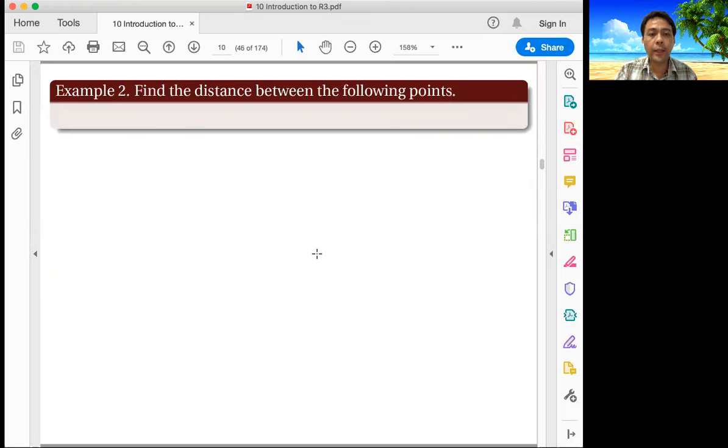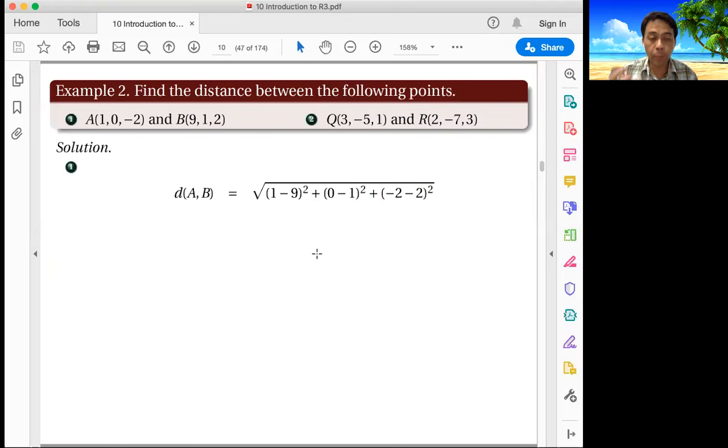So for example, find the distance between the pair of points. For the first pair, A and B, we get the differences of the x's, and then of the y's, and then of the z's.